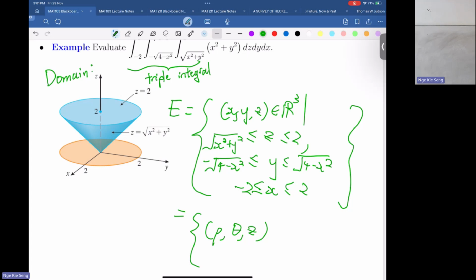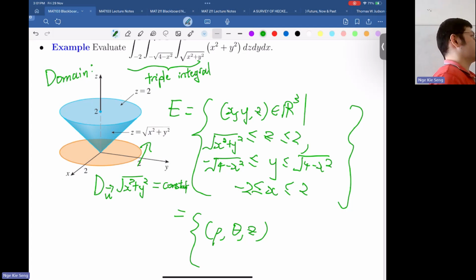What's this surface? This surface is the lower bound of your z. Okay, so if you do directional derivative in any direction, let me write here, we call it du, on this x squared plus y squared, I'm sure you will get a constant here. I'm pretty sure you get a constant. You should go and try it out.